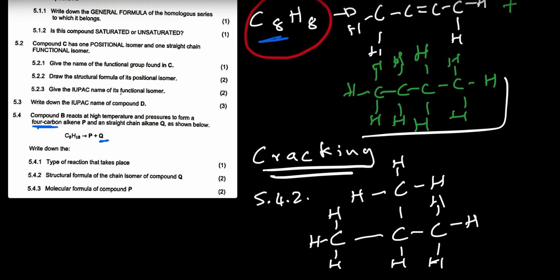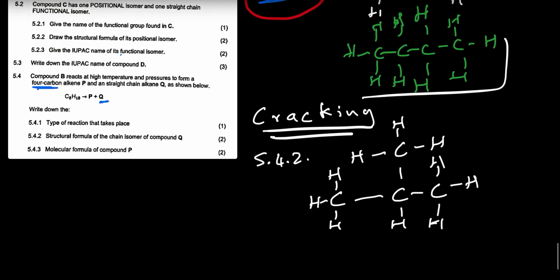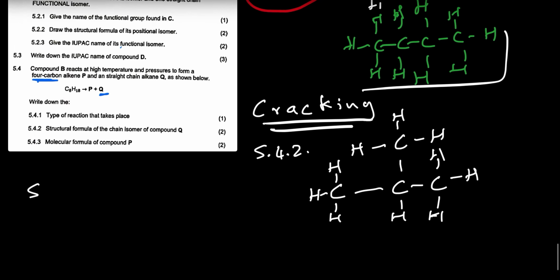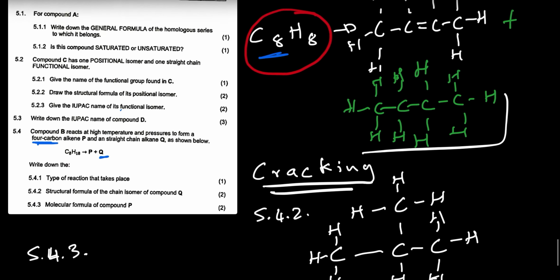And they said we must draw the structural isomer. Okay, so now 5.4.3, it says we must write down the molecular formula of compound P. So what is the molecular formula of compound P? Compound P has 1, 2, 3, 4 carbons.